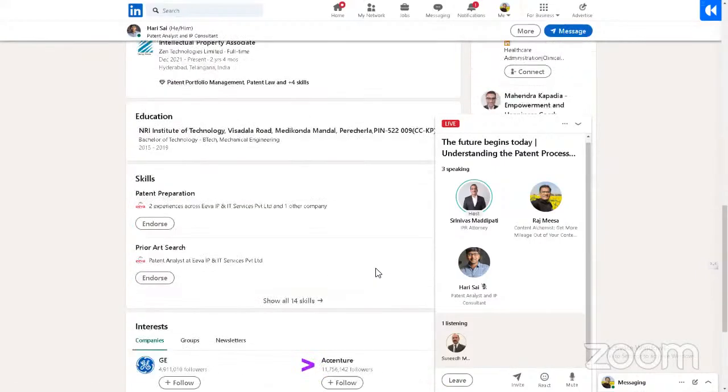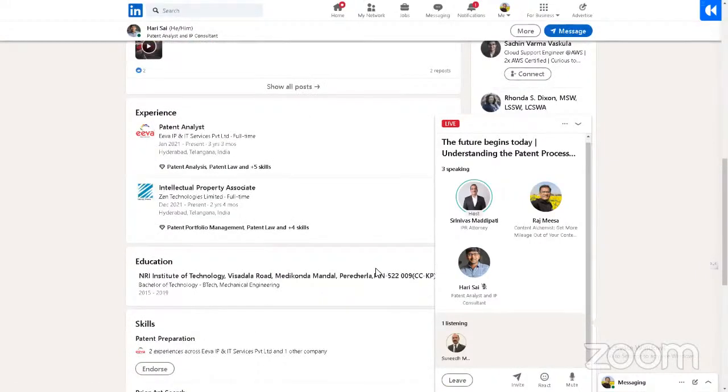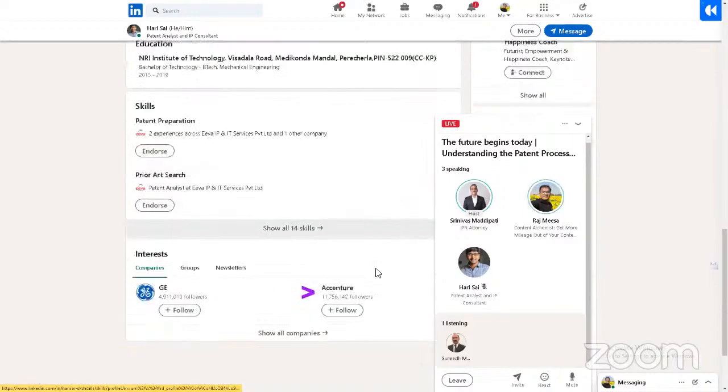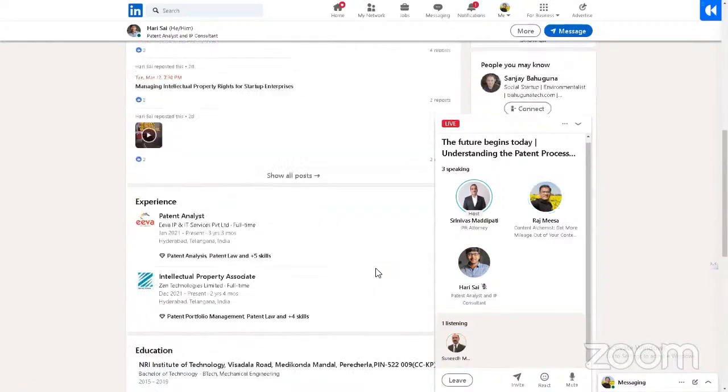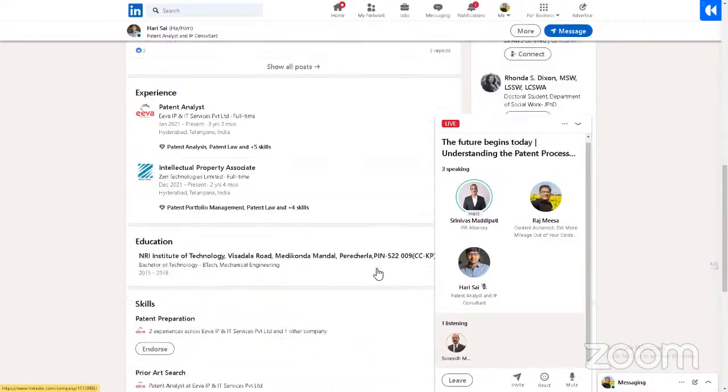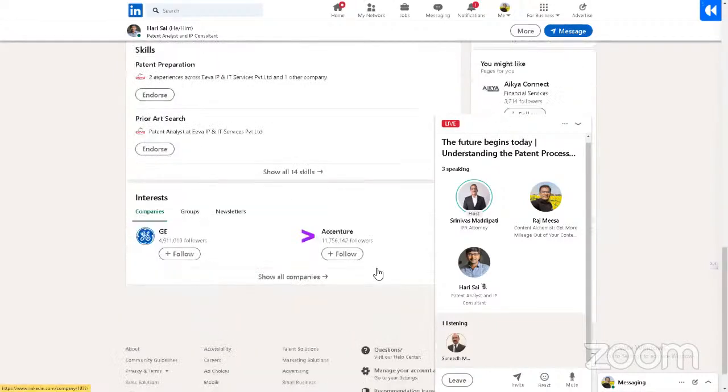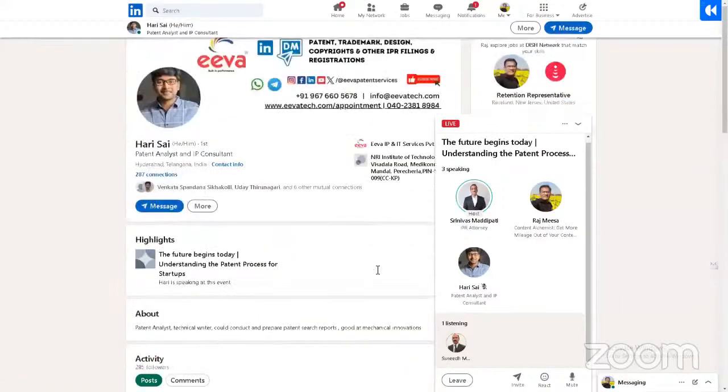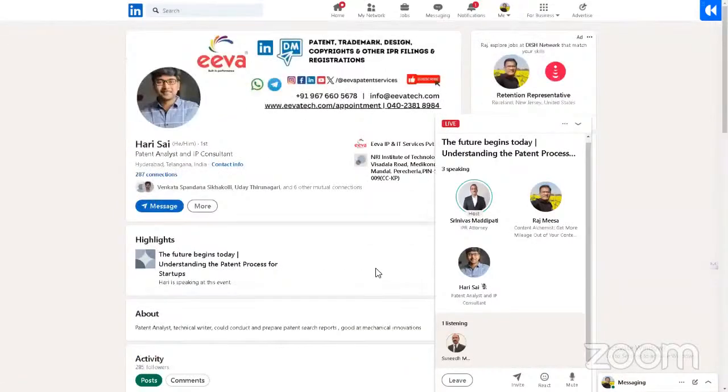The inventors are not aware of how much description they have to put into the application, and even agents are maybe paralyzed in a state where the due date is very near, and the inventor has very little information to support, or the inventor provides less information.